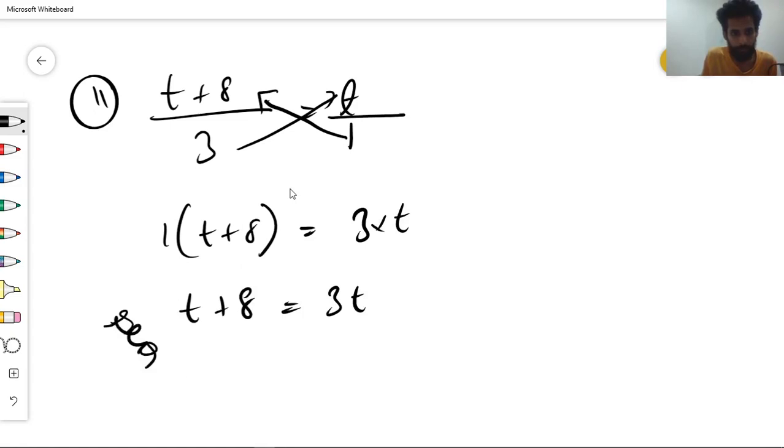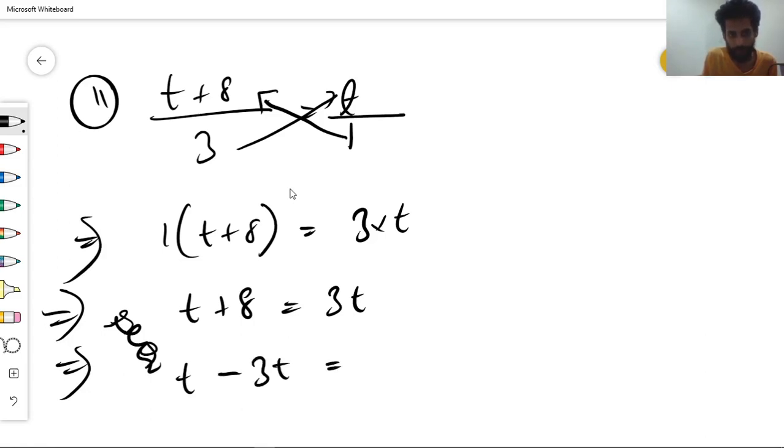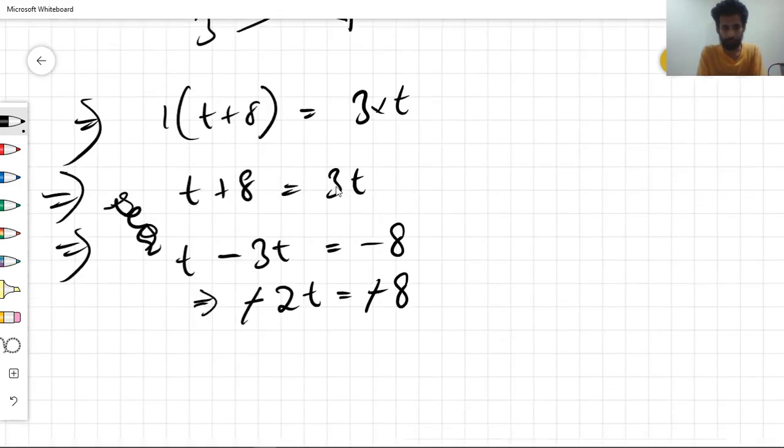So I will bring this 3t to the other side. t minus 3t is equal to, I will bring this 8 to the other side, minus 8. So here it will be minus 2t, and this will be minus 8. This will get cancelled.